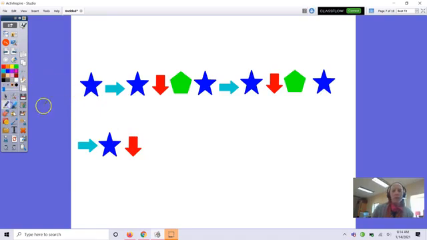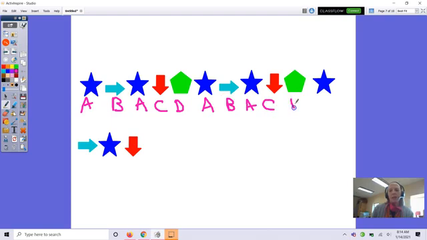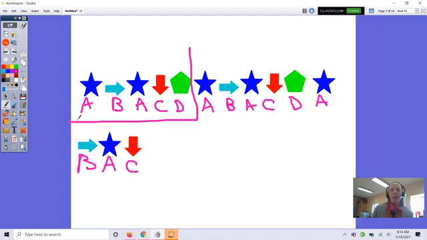Okay, ooh, this one looks complicated. Let's see if we can figure this one out. So this is an A, B, A, C, D. A, B, A, C, D. A, B, A, C. Okay, so if I were to ask you what my pattern is, A, B, A, C, D. And A, B, A, C, D will continue to repeat itself.